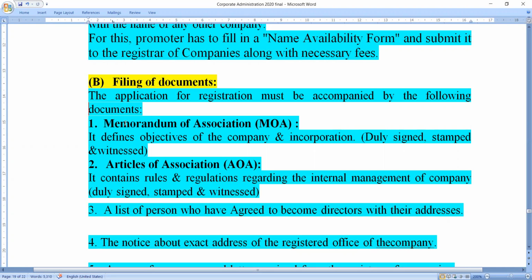The objectives of the company, what are they? The basic and fundamental objective of the organization is earning profit. This objective of earning profit you should mention in your memorandum of association.